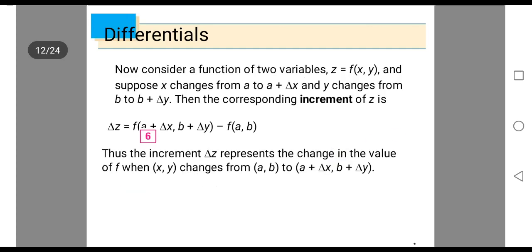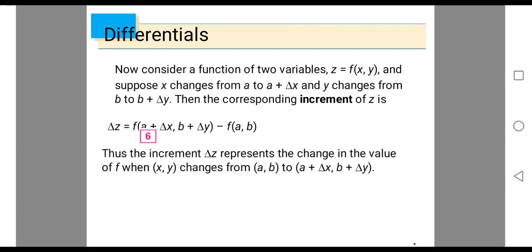Now consider a function of two variables, because before that we were dealing with one variable. Here z is equal to f of x, y, and suppose x changes from a to a plus delta x and y changes from b to b plus delta y, then the corresponding increment of z is going to be something like this. What did we do? We just added one more variable.